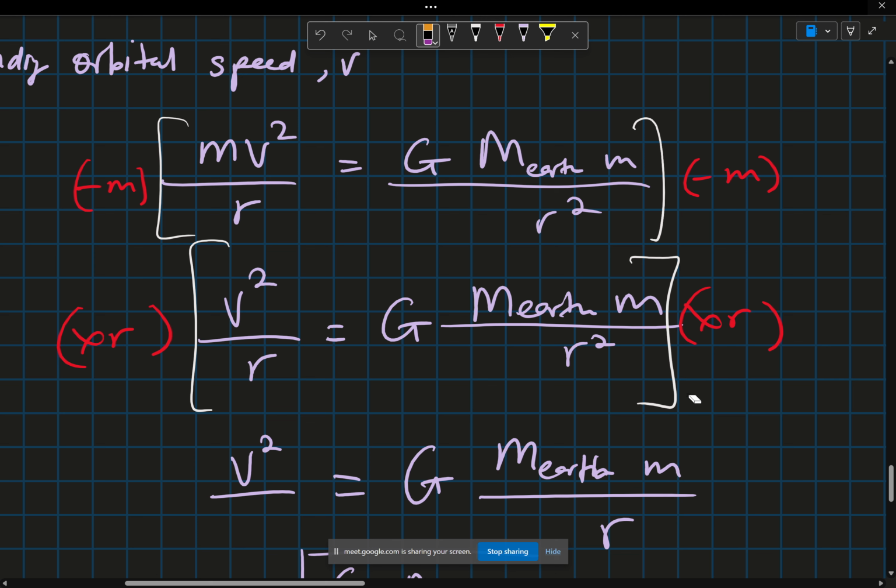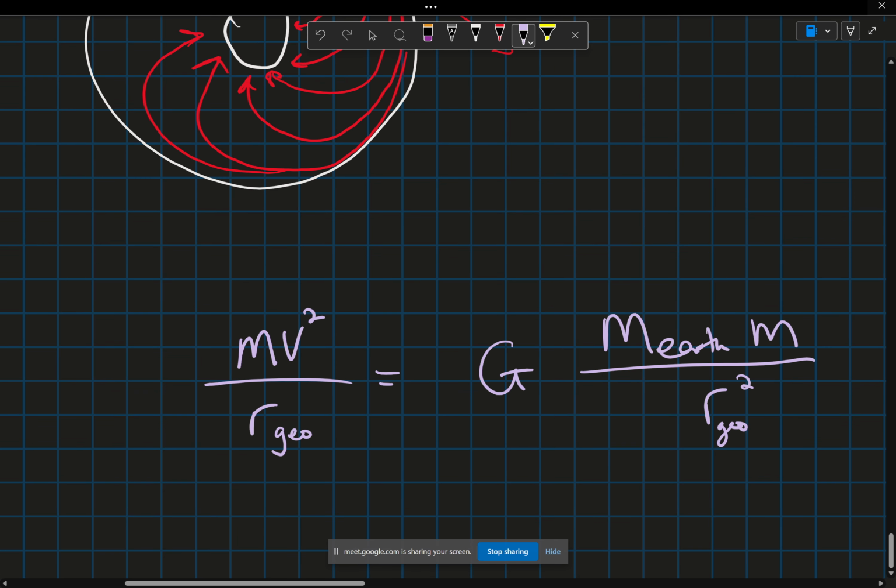So using that equation, we can state now that m v squared over r_geo, the radius of the geostationary satellite, is equal to G M of the Earth times another mass, over r_geo squared.